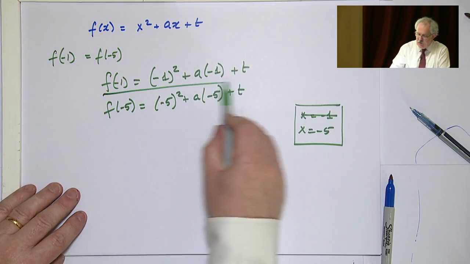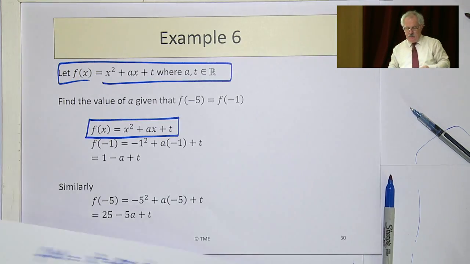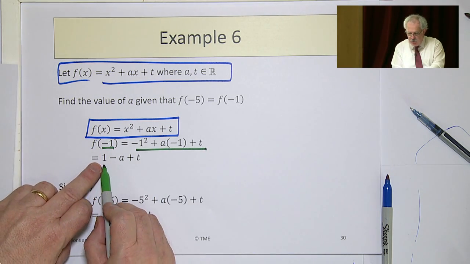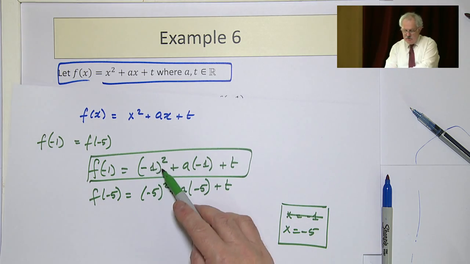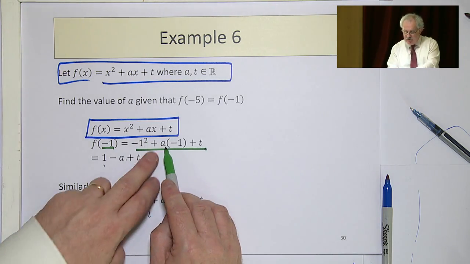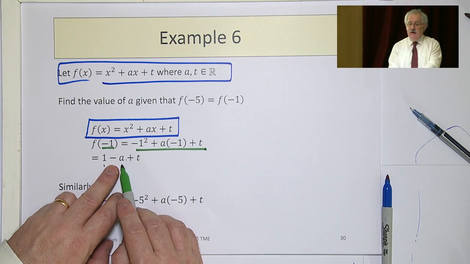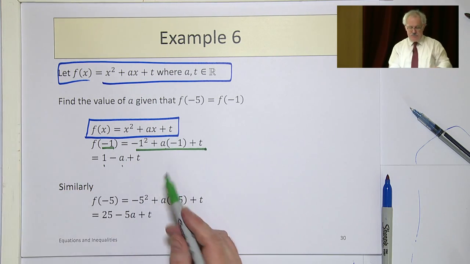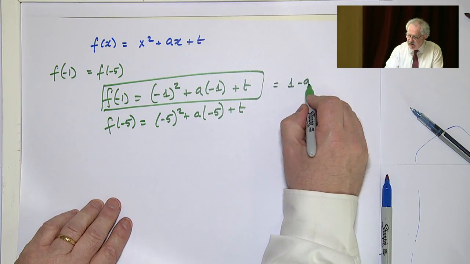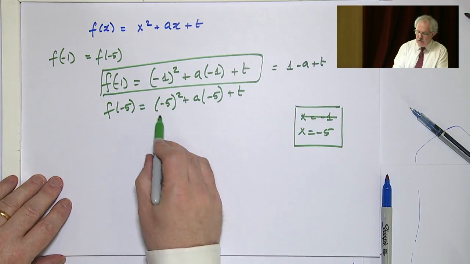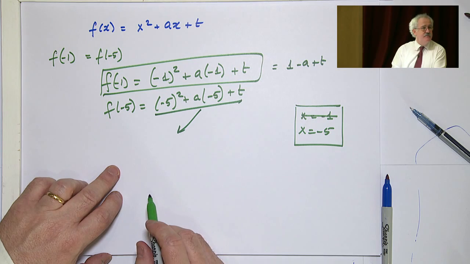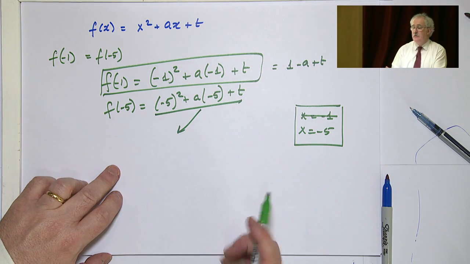If I calculate all of that out, I find that f of minus 1 is that. Minus 1 squared becomes 1. The a times minus 1 becomes minus a, and the t becomes t. So I find that this equation is 1 minus a plus t. Looking at this one, what's minus 5 by minus 5? 5 by 5, 25.